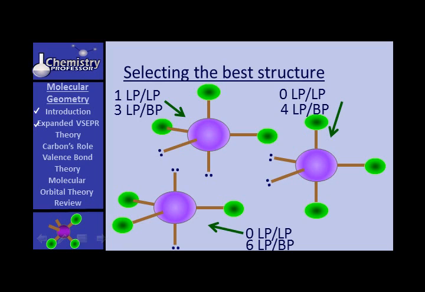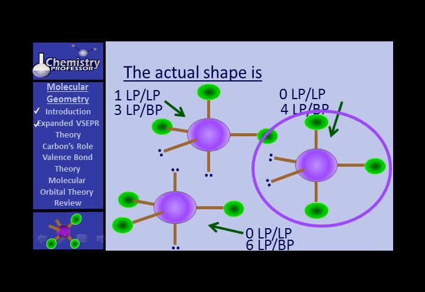Now, look at the situation and tell me, folks, which is the best structure. And the best structure is going to be this one right here. Surprised? That's going to be our best structure. All right, let's look at its actual shape now.